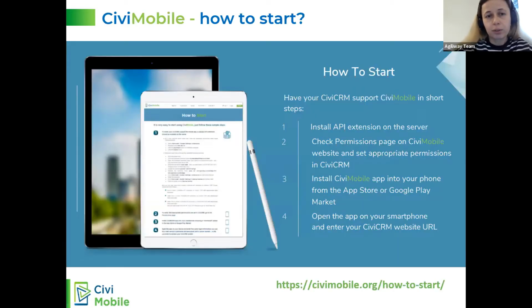Okay, so first of all, CiviMobile works only with CiviCRM. So it's not working with any other CRM solution, just with CiviCRM. To make it workable on your devices, you need to install, first of all, the CiviMobile API extension on your CiviCRM, on the server.